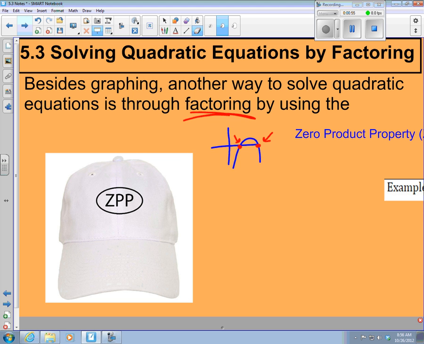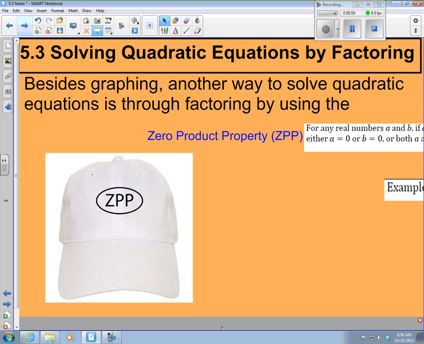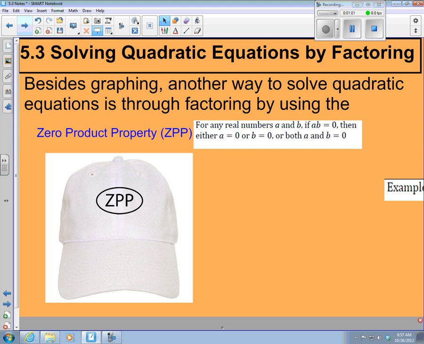So, first thing I got to teach you is the zero product property, the ZPP. For any real numbers a and b, if a times b equals 0, if you're multiplying these 2 factors, a and b, and it equals 0, well, one of 3 things has to be true.